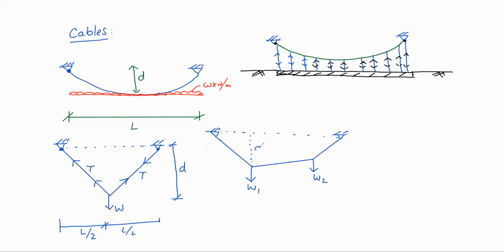Suppose here the dip is D1, here the dip is D2. So the tension in all wires can be calculated. Suppose this is T1, this is T2, this is T3, like this. Okay. And of course, you can find the length of the cable also, and the tensions in the wire systems also. T1, T2, T3, you can work out, okay?